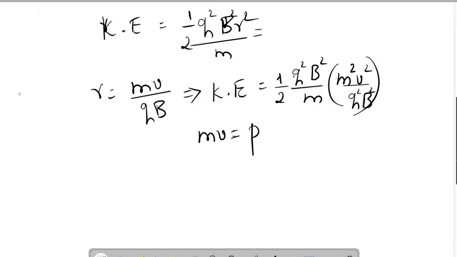So if we substitute, we will get kinetic energy as half q square B square divided by m. Here one q square B square and one q square B square get cancelled.